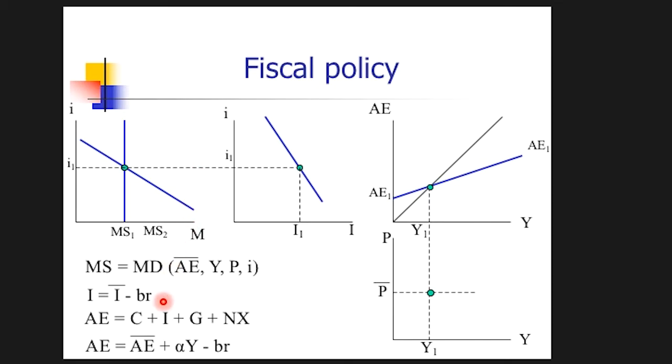The real interest rate and nominal interest rate differ by the inflation rate. But for this lecture, we assume constant price, so the inflation rate is 0, and we have the same value for real interest rate and nominal interest rate. It's just the same.